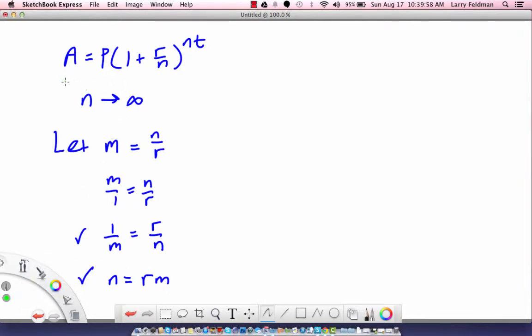So let's come up to this formula and use the new equations that we just derived. We get A equals P times 1 plus, well, we have r over n here, but we know that r over n is 1 over m. And nt, by using substitution for n, we get rmt.